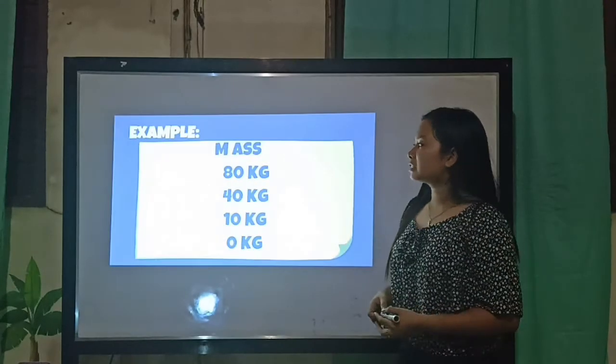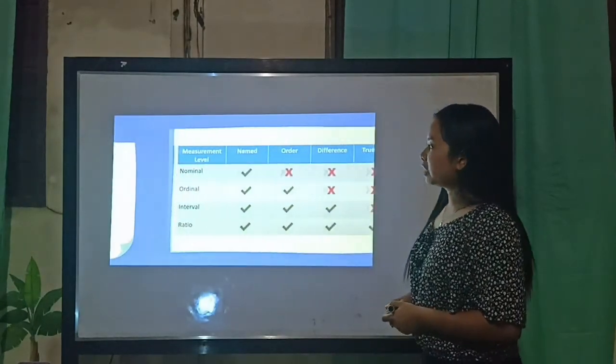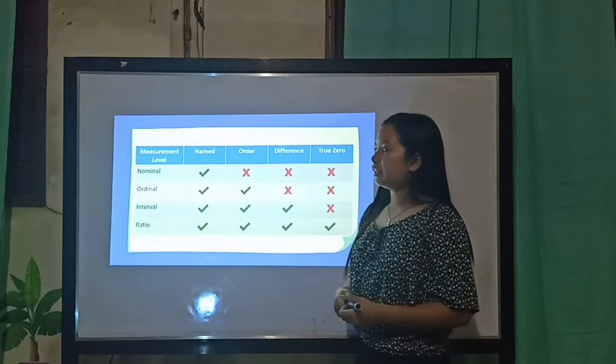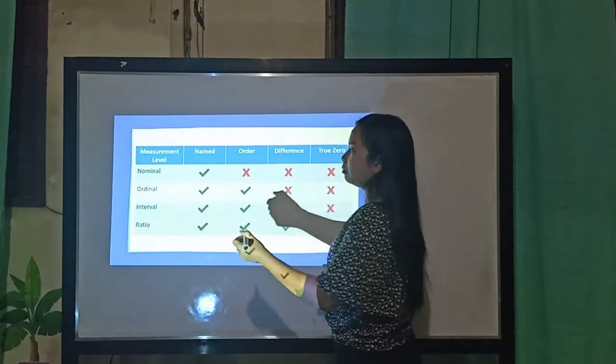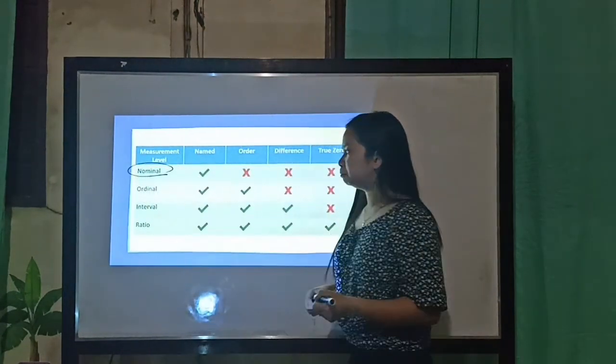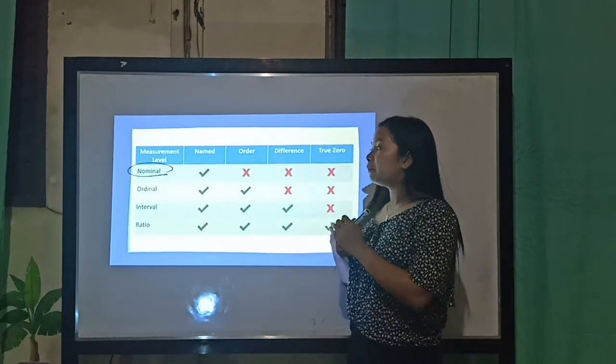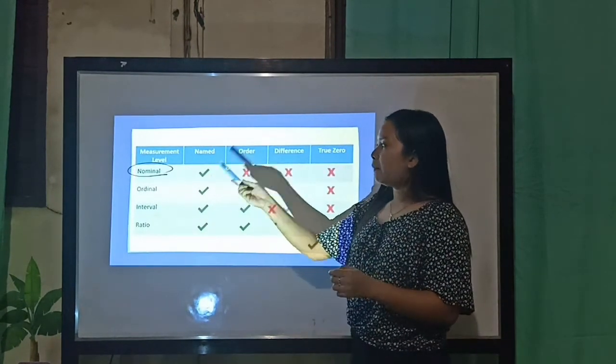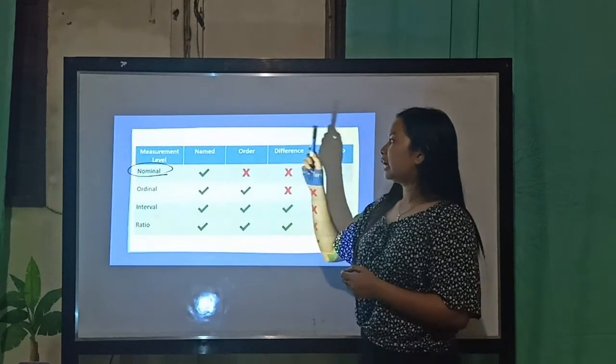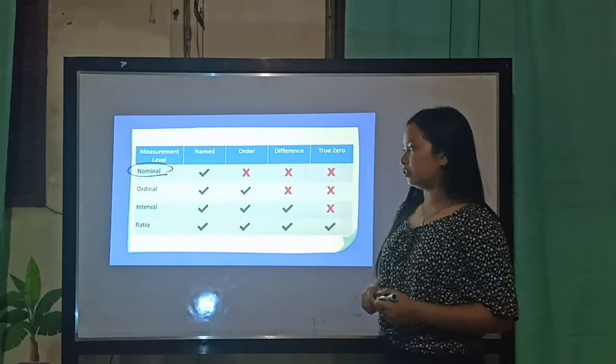To summarize the discussion about the levels of measurement, based here sa measurement scale, ang pinakababa is ang nominal level. Kung nominal level, we can name, but dili na makuha yung order, difference, ug wala siya true zero.